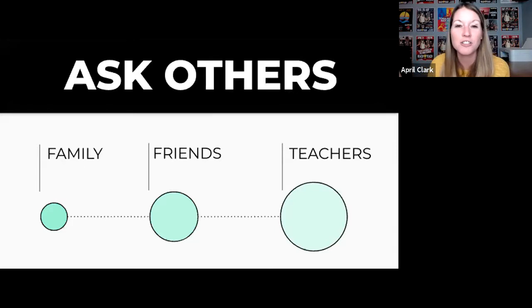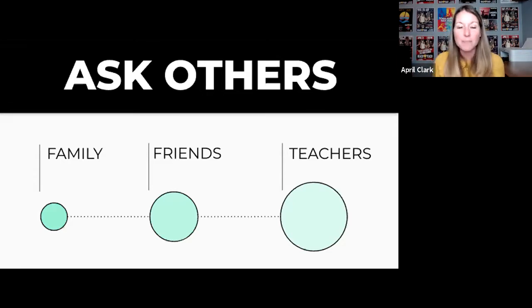Students take inventory of the skills that they think they have. But then I also have those same students give those skills inventory sheets to their parents, and have their parents fill out the skills that they think their child has. Same thing with their friends. Have their friends fill out a skills inventory about themselves. Have their teachers fill out a skills inventory.